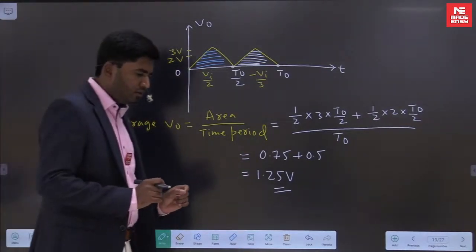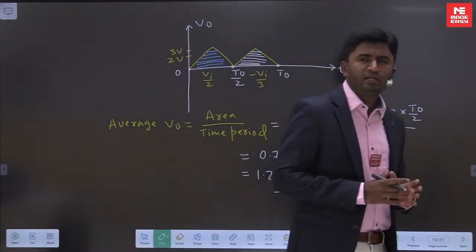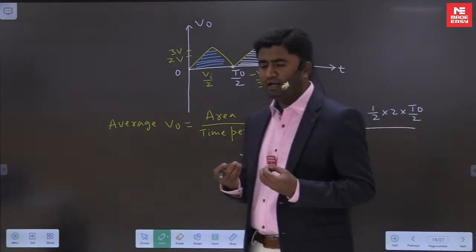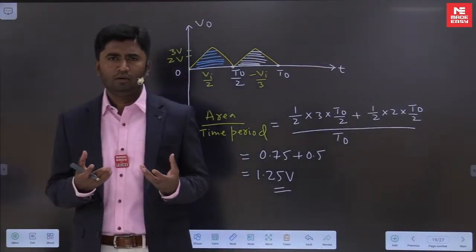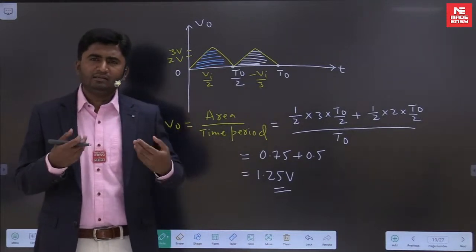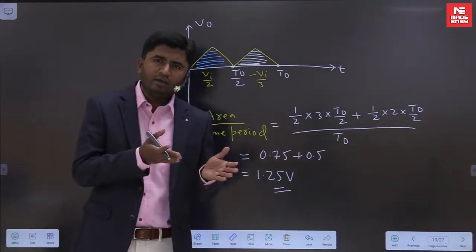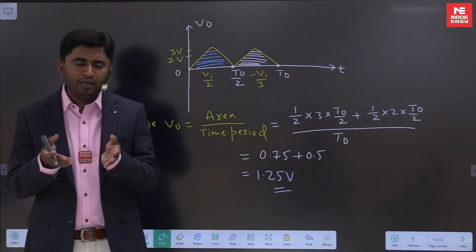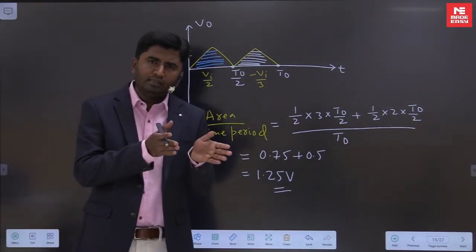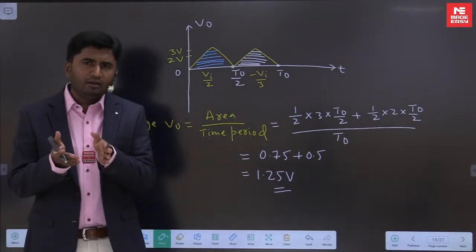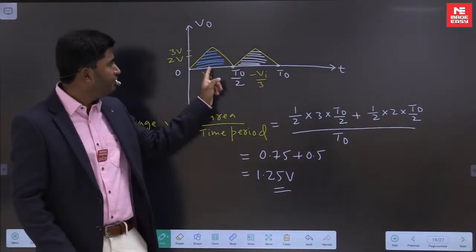So this is another important type of question. You may be given some diode circuit and you will be asked to find the average output. Now when you are finding that average output, you should first analyze the circuit. What happens when input is positive, what happens when input is negative. For the positive cycle what is output, for negative cycle what is output. Once you decide that, you can sketch the output waveform.